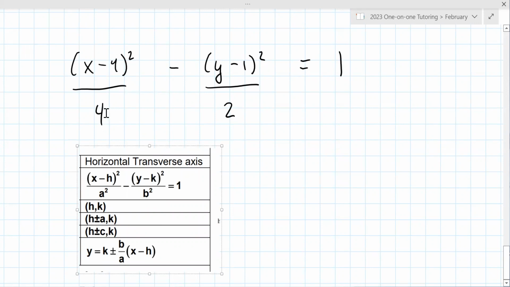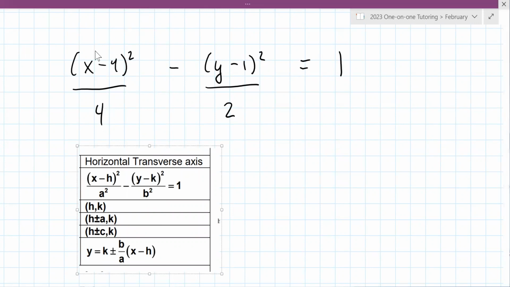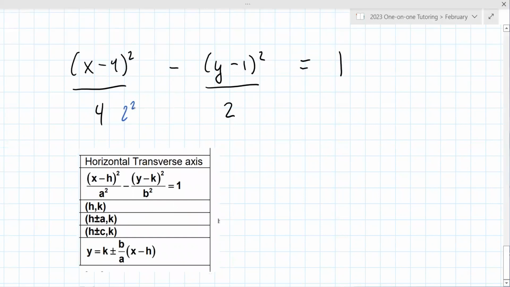So that's why you almost want to rewrite the 4 as 2 squared, and the 2 as the square root of 2 squared, like that. Excuse me. I know it's a little awkward. Like it's nice when they are nice numbers here. You know, when it's not a nice number, friendly number, you're just frustrated, maybe.